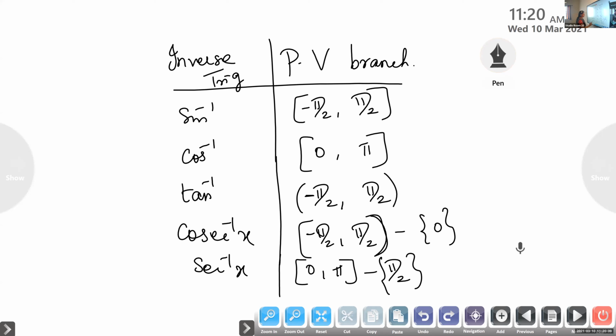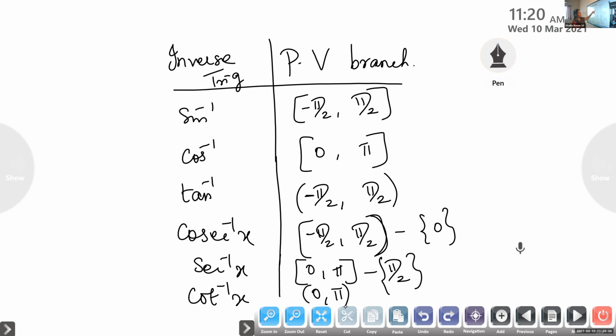Then what about cot inverse? What is cot inverse of x? Cot is cos by sine, isn't it? For cos, closed 0 to pi. So for cot, it will be open 0 to pi. Same as tan. Tan is sine by cos.